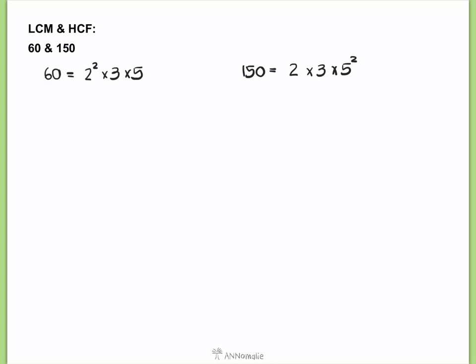Now here is an excellent algorithm to find the lowest common multiple. To find the lowest common multiple of 60 and 150, we take each factor. So we've got a 2, we've got a 3, we list them all.